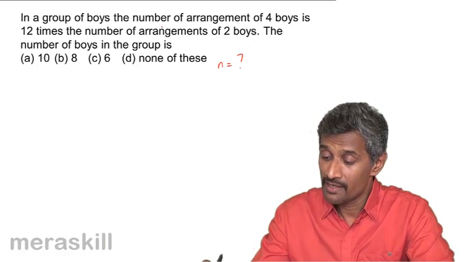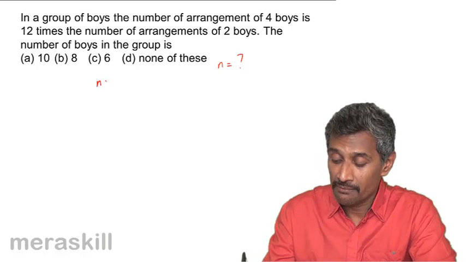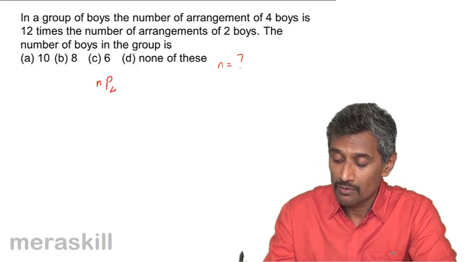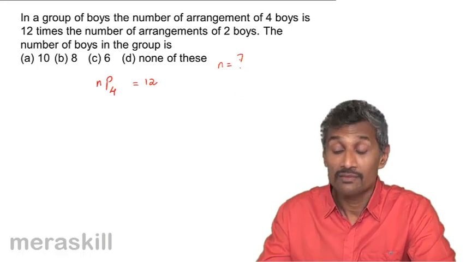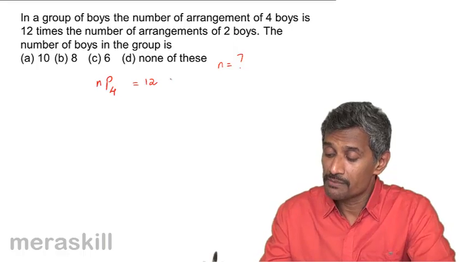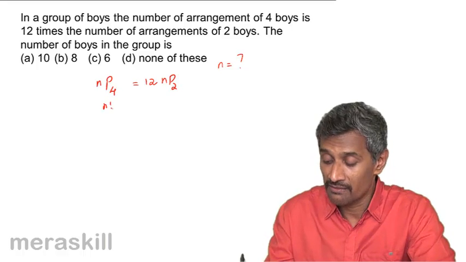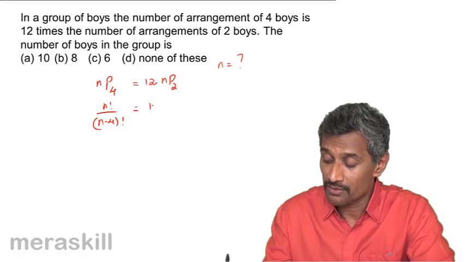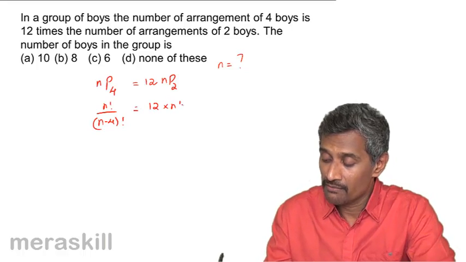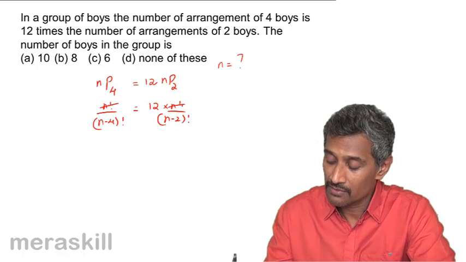When you're picking up 4 out of these n, which is nP4, it is 12 times nP2. So nP4 is 12 nP2, which is the same as n factorial upon (n minus 4) factorial equals 12 into n factorial upon (n minus 2) factorial. So this gets cancelled.